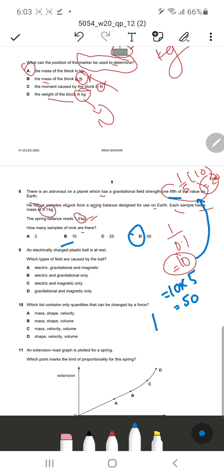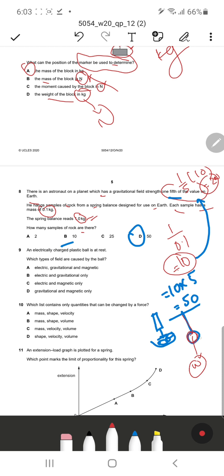Whenever a spring balance is set up on the moon, for example, the spring balance actually pulls the object. Whenever the object is hung on a spring balance, since it's designed on Earth's gravitational field, it is affected by the force of gravity, which is actually weight.